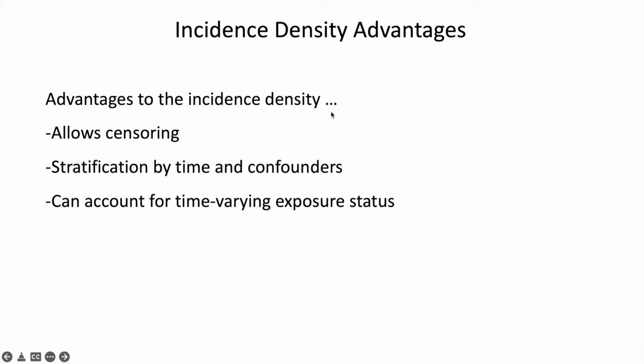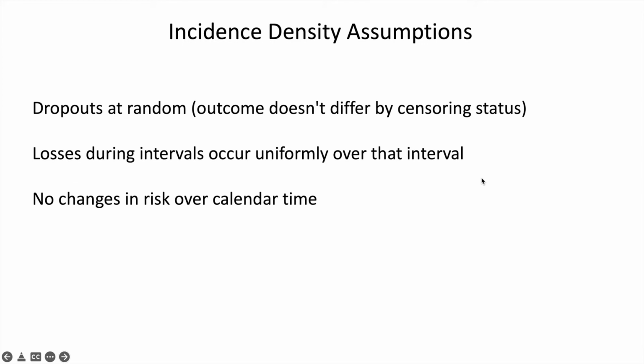So incidence density has some serious advantages. It allows censoring, which is much more realistic. You can stratify by time and confounders, multiple ones, and you can account for a time-varying exposure status. I'm going to go through each of those things. Some of the major assumptions for incidence density are that dropouts are at random.